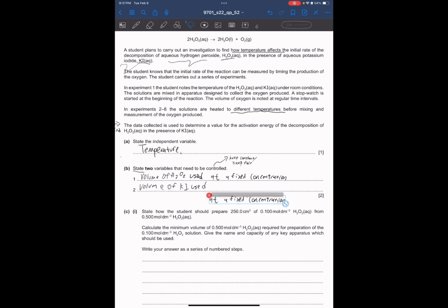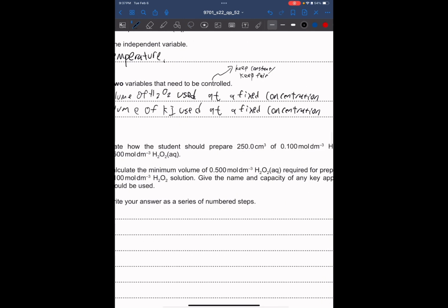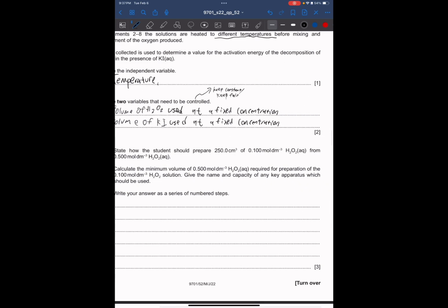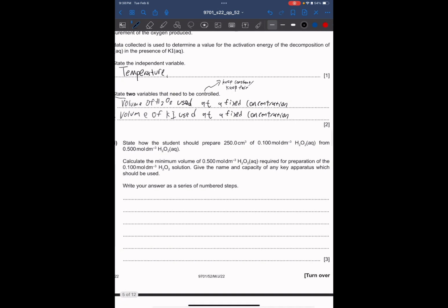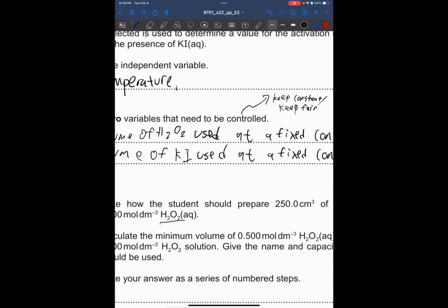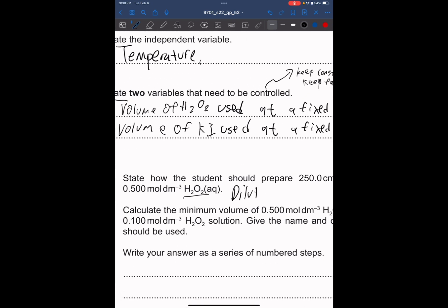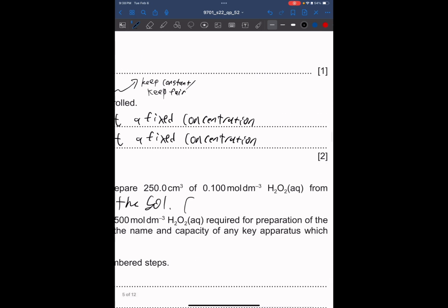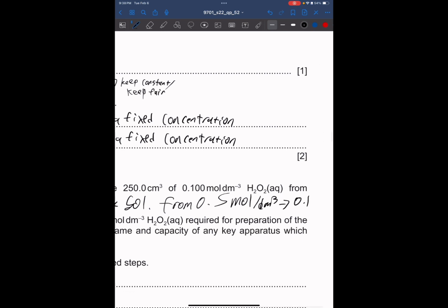So, next question then. State how the student should prepare 250 cm³ of 0.1 mol per dm³ H2O2 from 0.5 mol per dm³ H2O2. So basically we're trying to dilute the solution, from 0.5 mol per dm³ to 0.1.